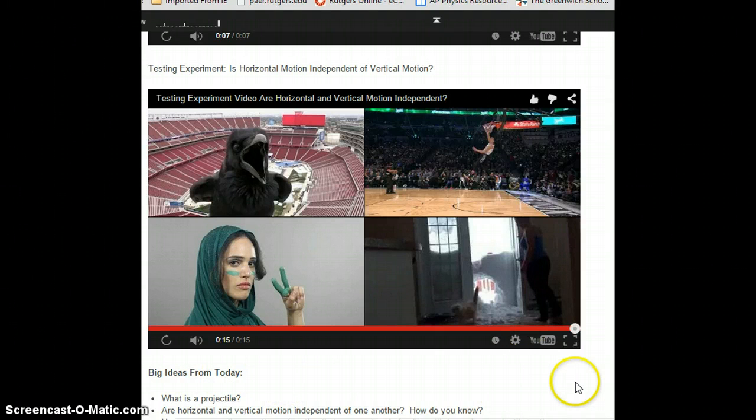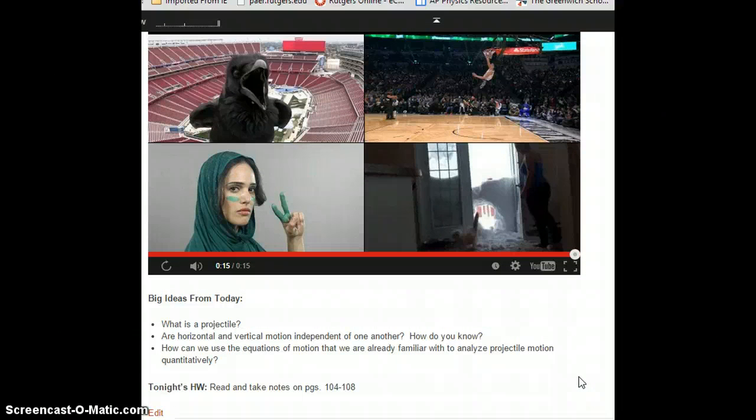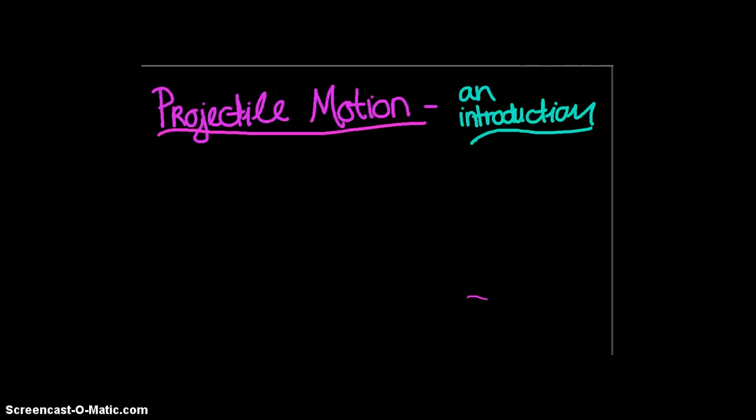And so similar to what we found in class today, both objects fall at the same time, supporting our idea that vertical motion and horizontal motion are independent of one another. So if we take this idea that vertical motion and horizontal motion are independent of one another, this is really probably the biggest idea in terms of our study of projectile motion.